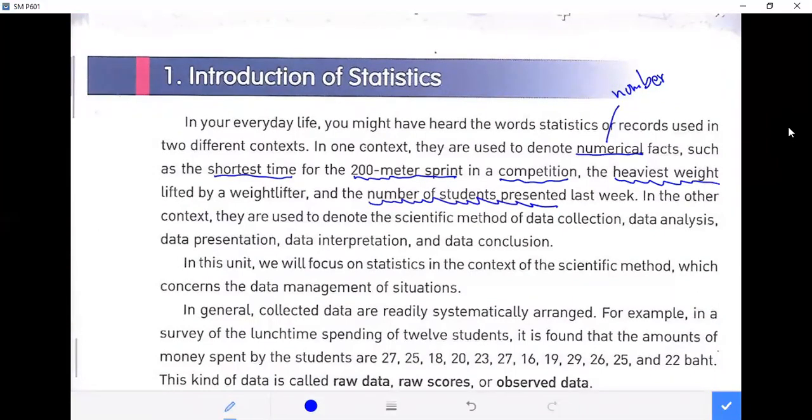That is what we call the scientific method. It's about data collection. For the sprint, you collect the distance. For the weight lifting, you collect the weight in kilograms. And for this one, the number of students, you collect the data.